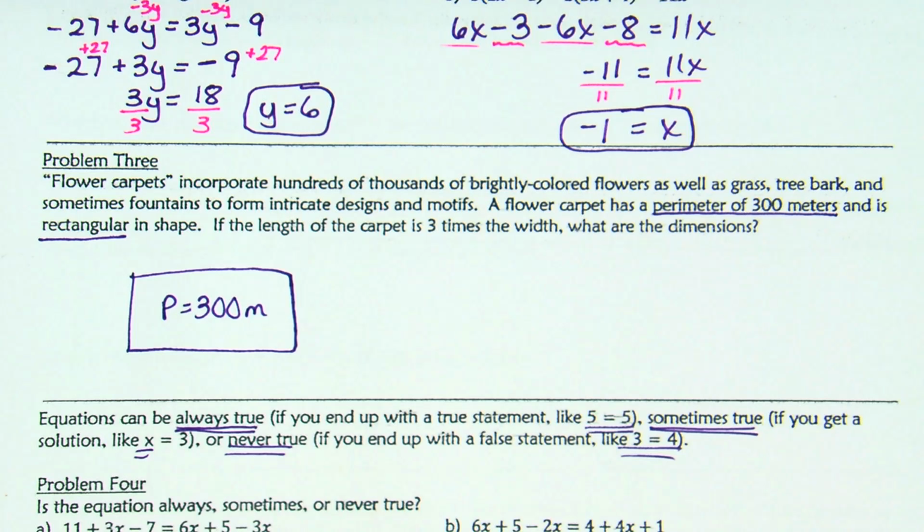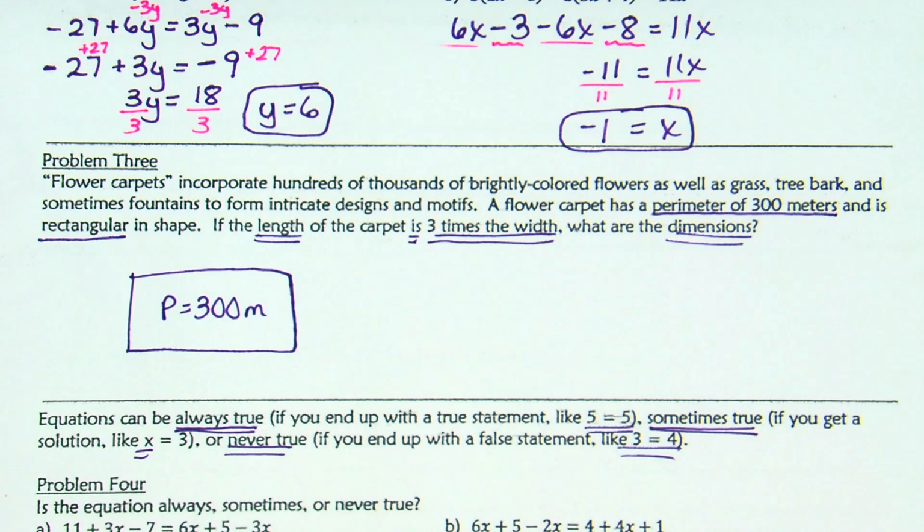There's 4 sides, and what do we call them? Length and width. Okay. Now, here's the deal. We normally use what for length and what for width? L and W. Yeah, we usually say W is width and L is length.